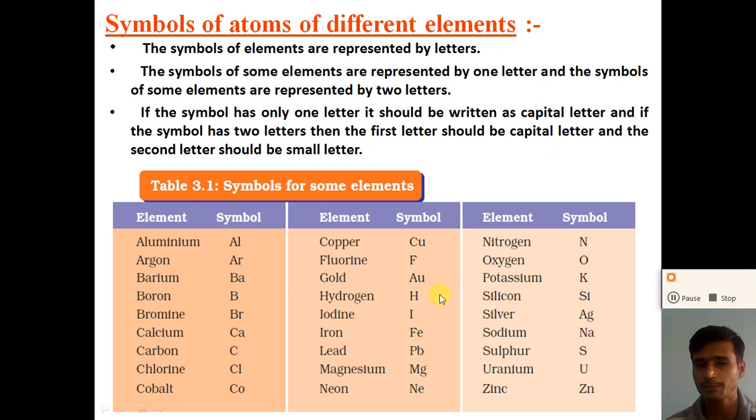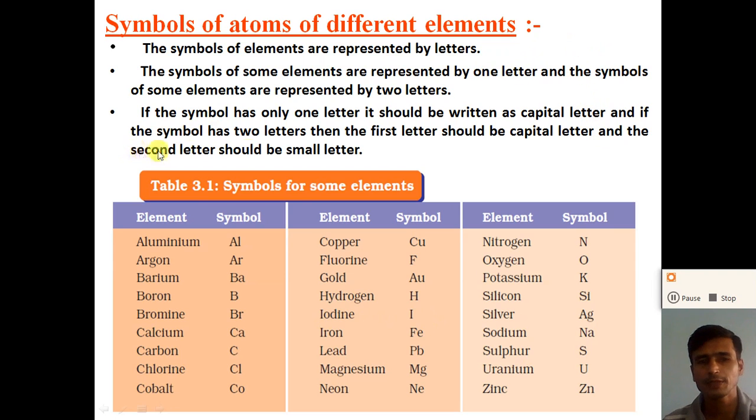For example, boron we write as a capital B only, carbon a capital C only, fluorine a capital F only, iodine a capital I only.